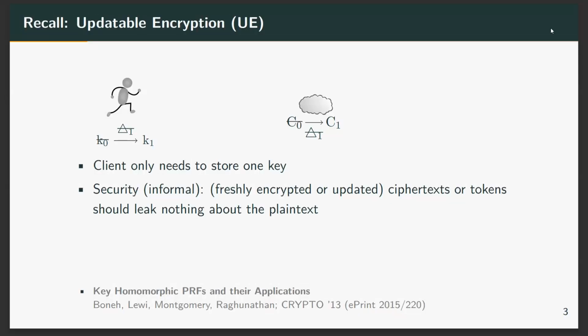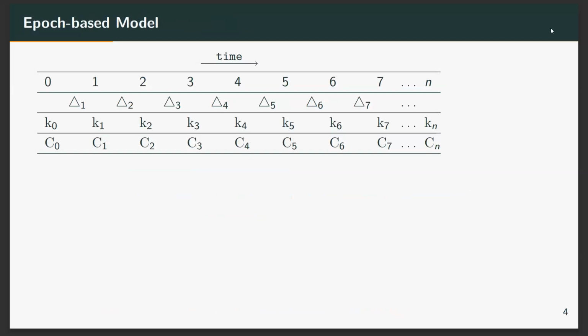And the client only needs to store one key, just the fresh key. Informally, the security says that given all the public information, confidentiality should be preserved. If you give out the ciphertexts and the tokens, they should not leak anything about the plaintext. In our work, we only focus on confidentiality.